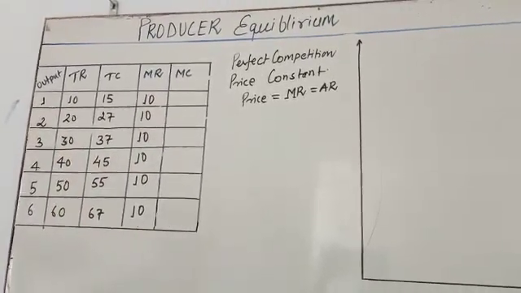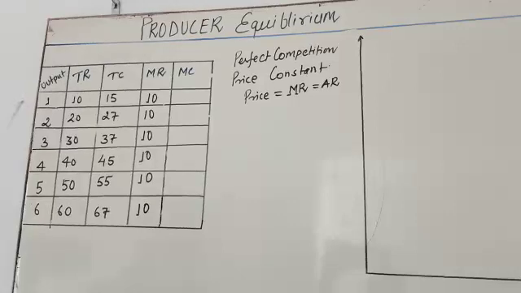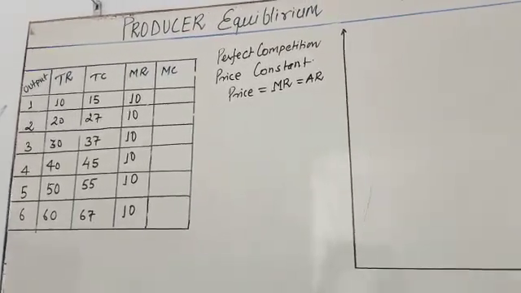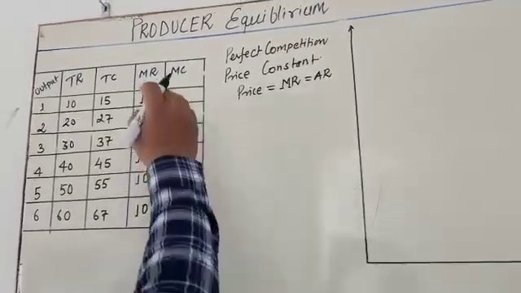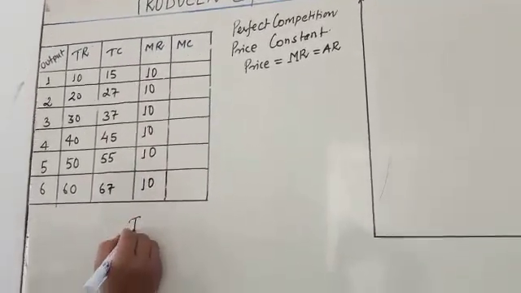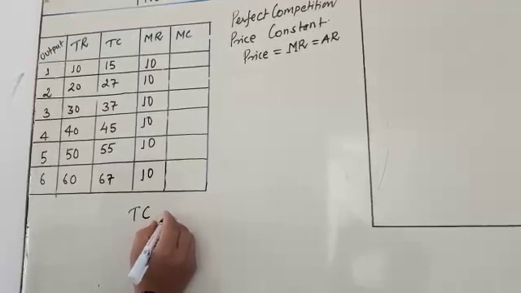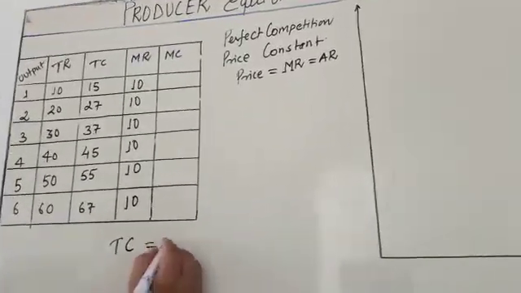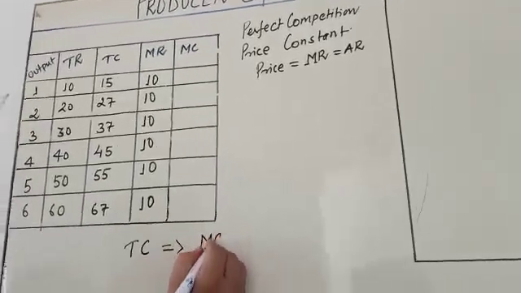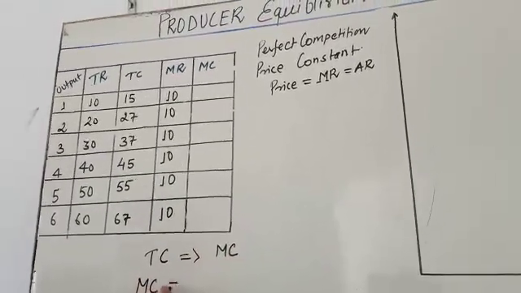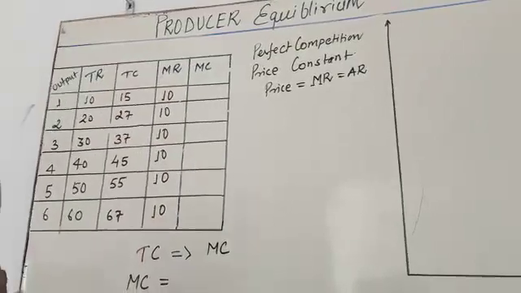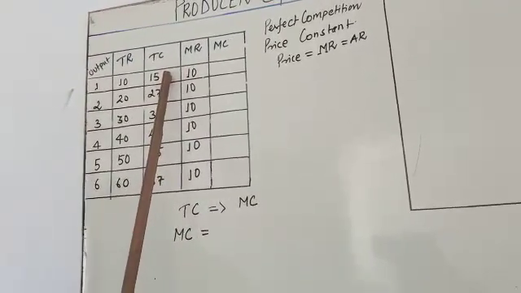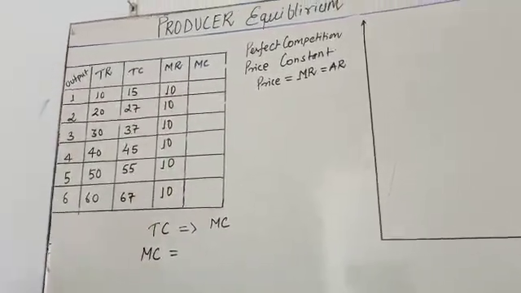Okay. So my dear student, come to the marginal cost. What do you observe about marginal cost? Marginal cost is going to be calculated on total cost. So what is the formula for calculation of marginal cost? First you observe, if the total cost is 15, the marginal cost is also 15.